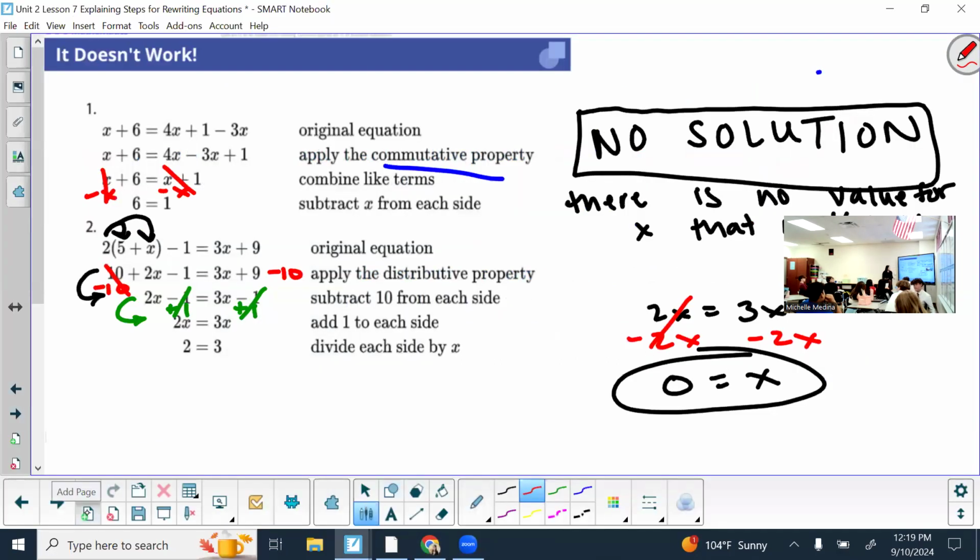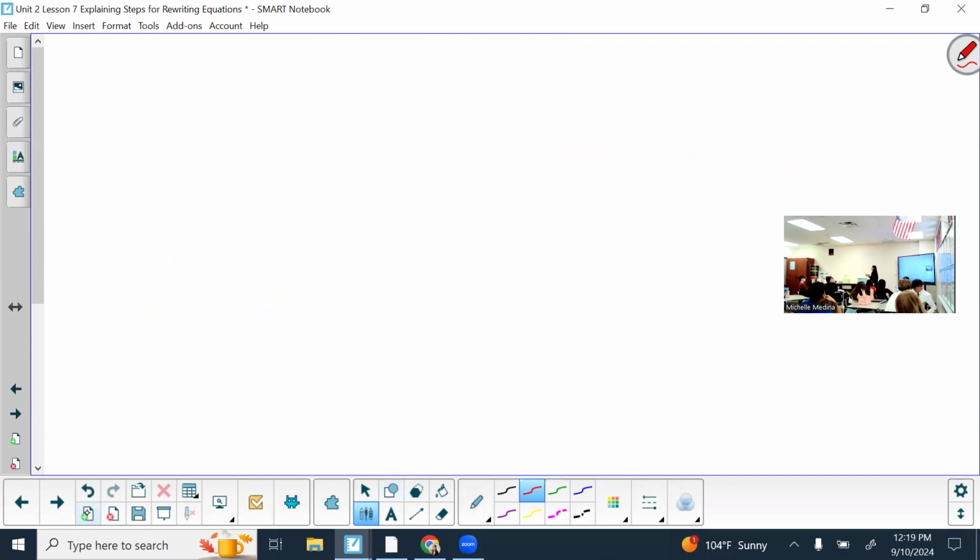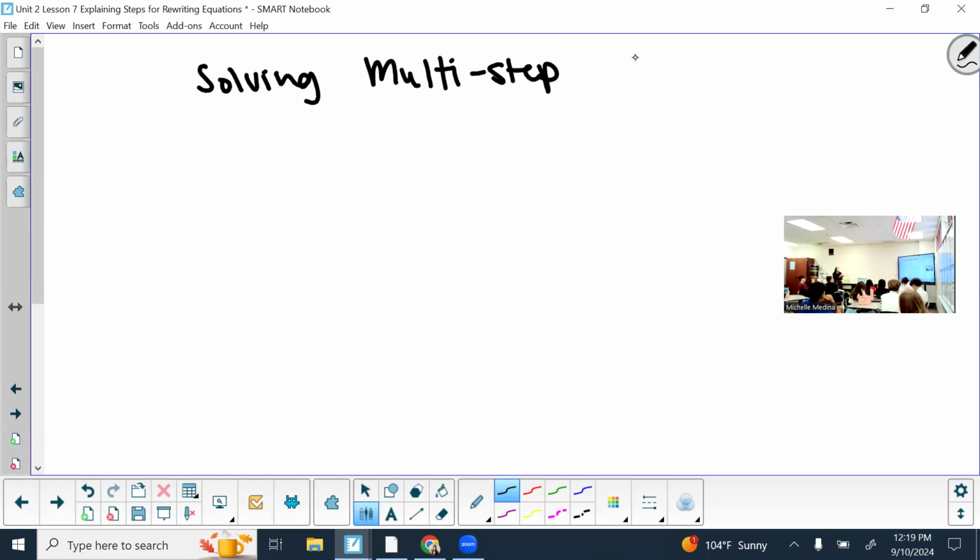We already covered how to solve 1 and 2 step equations. Here's how to solve multi-step equations. You might already know this and not need to take notes on it. To some of you, this might be brand new information. It was supposed to be taught to you before, but things don't always stick.